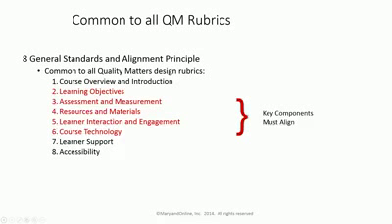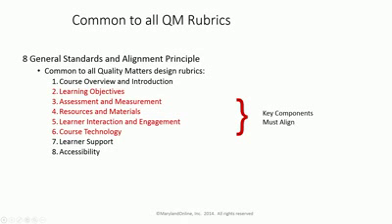And lastly, here are the 8 standards that are for the K-12 and higher ed rubric, and they really work for all of the rubrics in general. These are the ones that we have developed this webinar series around, and standards 2 through 6 are all interlinked and work together.